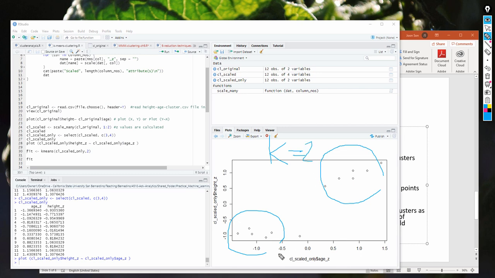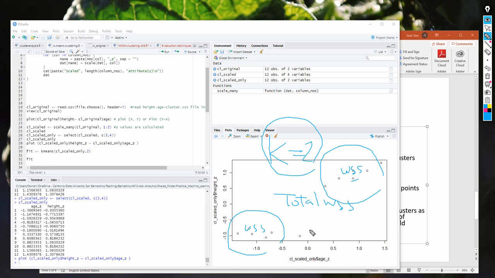In this case, we can compute the total within SS. We can have a within SS for cluster 1, and we can compute the WSS for each cluster, and then add these two, and then we can get the total WSS when k is 2.